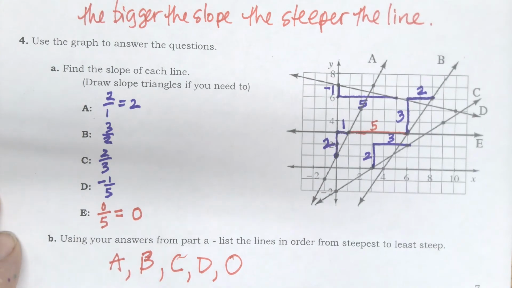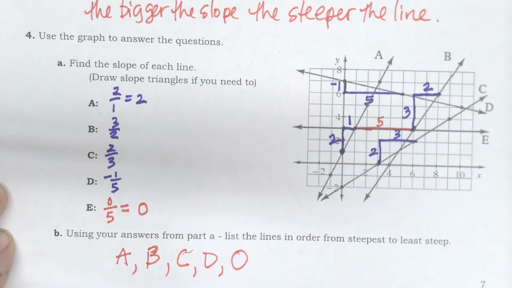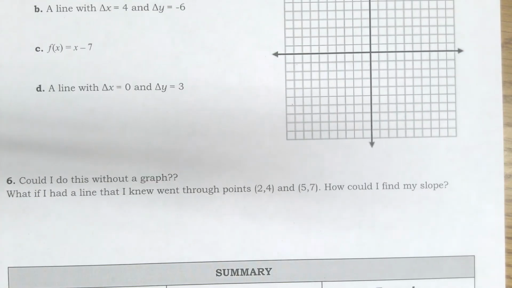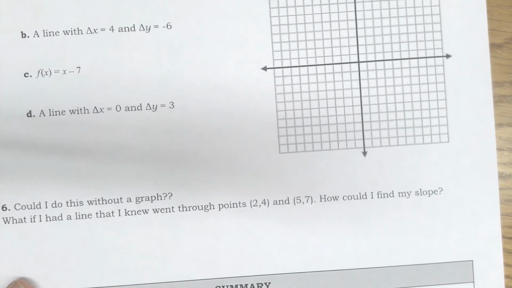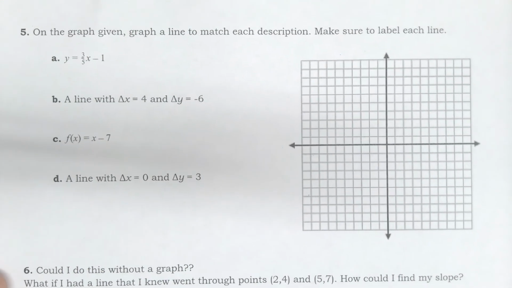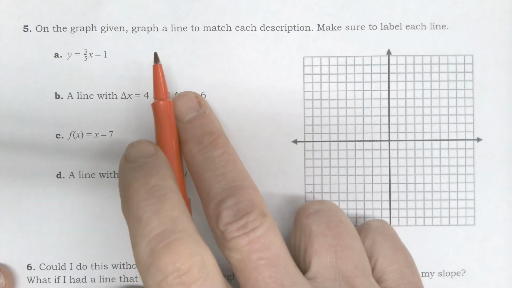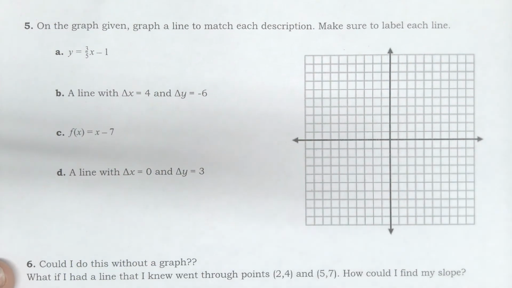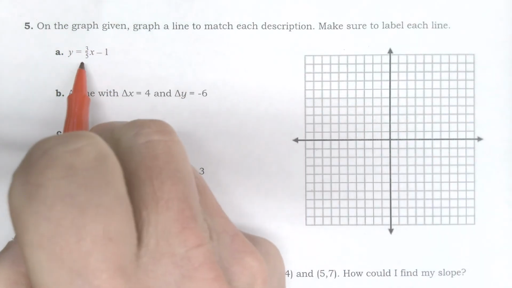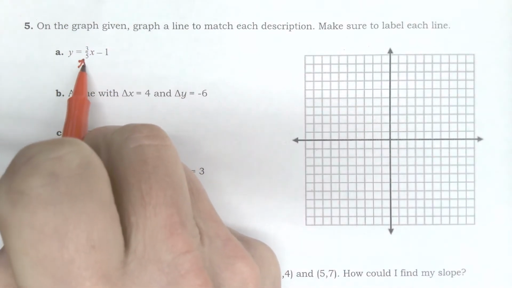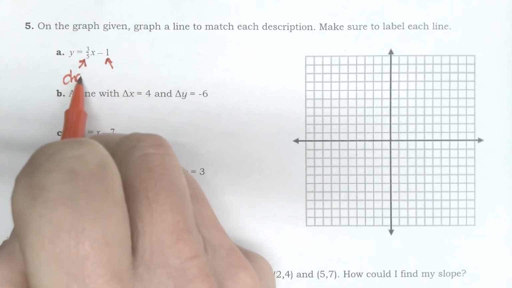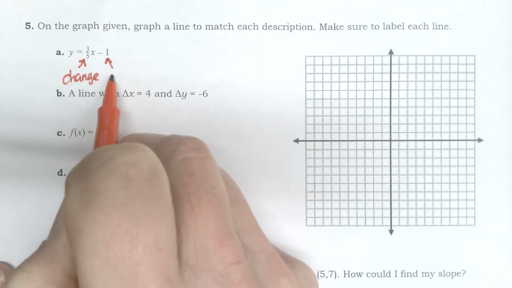We're going to again continue on working through looking at slope and looking at equations of lines, using the information that we just put together. So on the graph, we're going to graph the line that matches the description. So let's think about this. This is my change, and this is my figure 0.